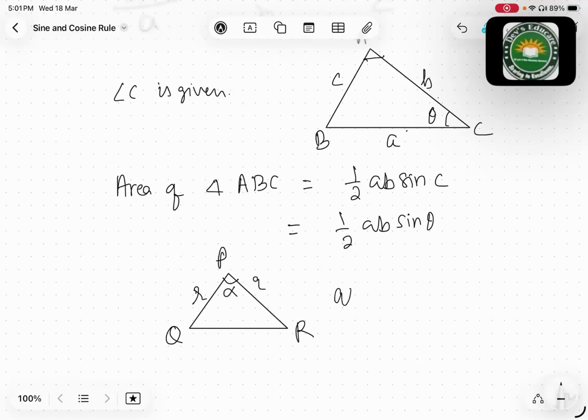So the area of PQR will be half of the two adjacent sides, q and r, and sine alpha, half qr sine alpha. This way we can find the area of any triangle.